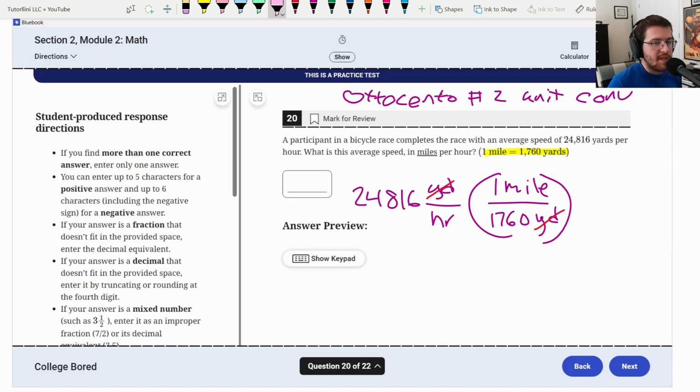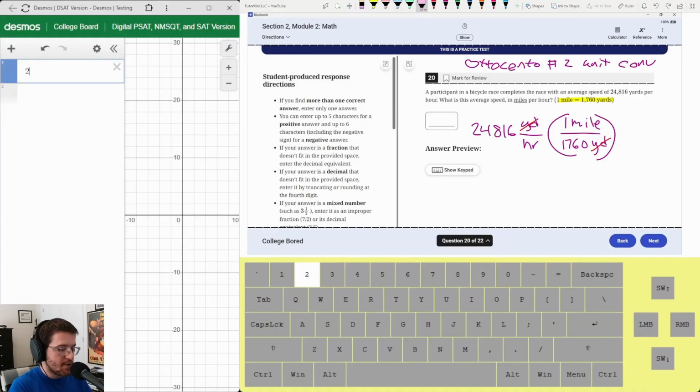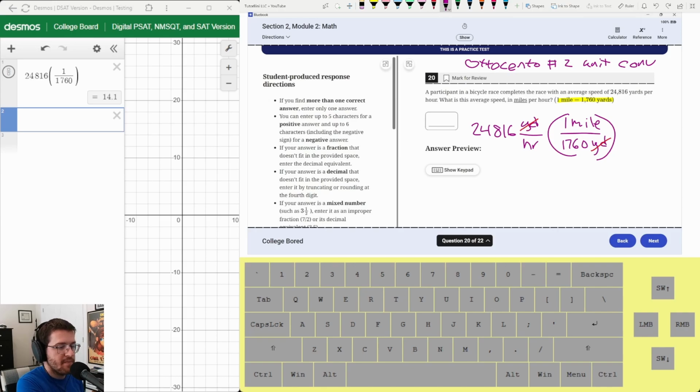Now we're just going to switch to Desmos and type it in exactly as it's written. Okay, so we got 24816, parentheses, exactly as it's written, 1 over 1760, and that gives me a speed of 14.1 miles per hour, and that is our answer.